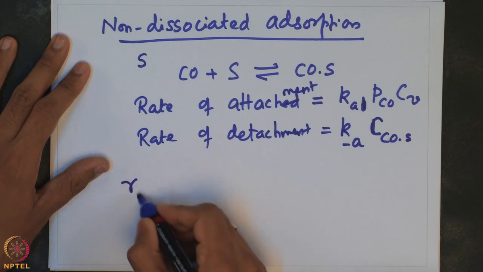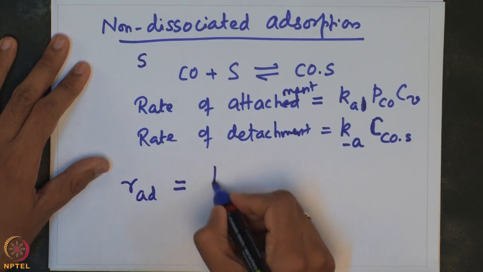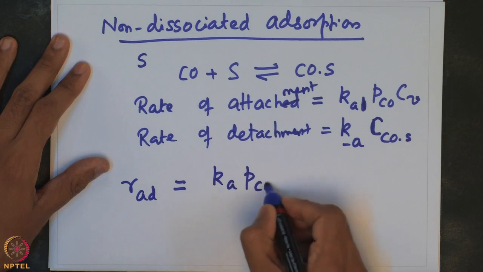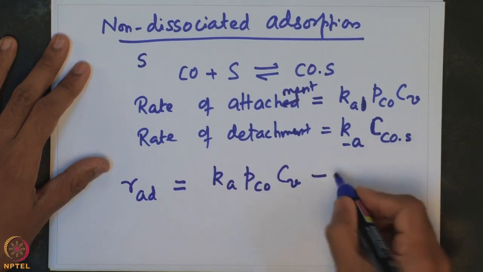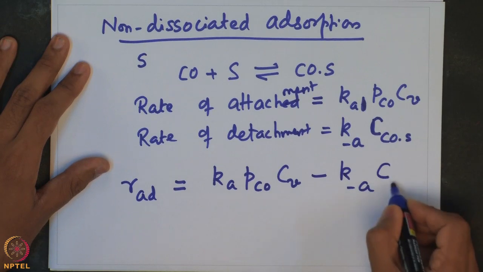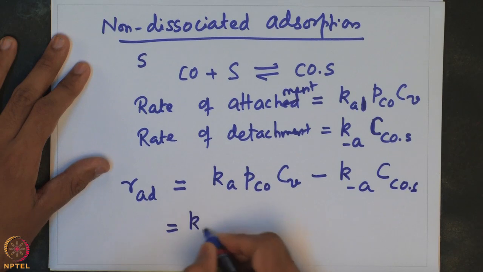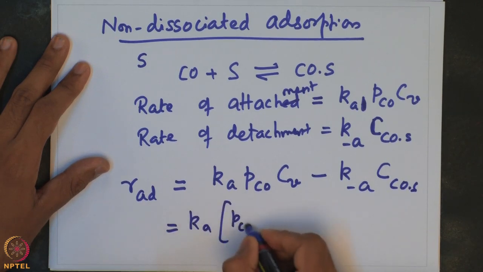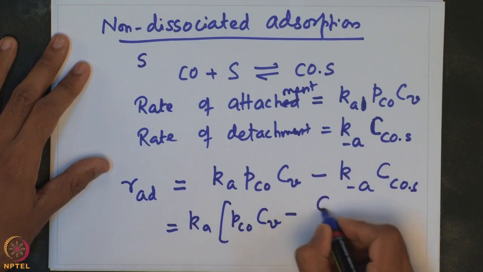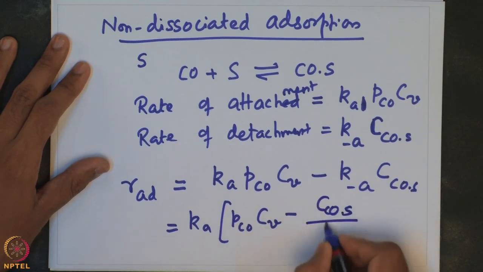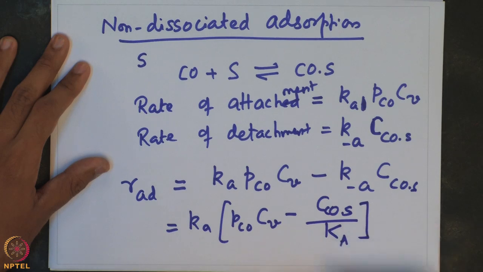Therefore, the rate of adsorption is given by k_a P_CO C_v minus k_minus_a C_COS. This we can rewrite as k_a into P_CO into C_v minus C_COS divided by K_A, an adsorption equilibrium constant, which is defined as the ratio of k_a by k_minus_a.